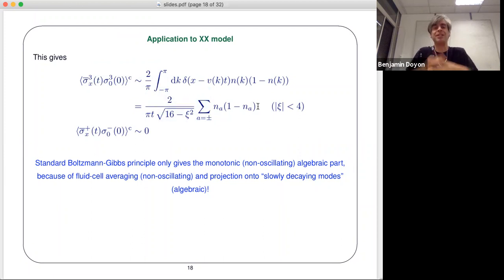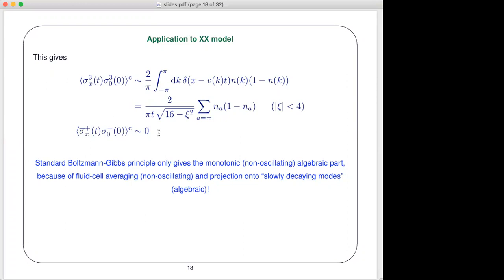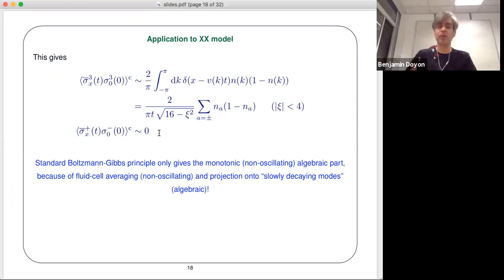So essentially, this hydrodynamic formula is a more involved, more general way of doing saddle point analysis, valid for any interacting model as long as you know the right quantities. But importantly, for sigma plus and sigma minus, we get 0 from this general Boltzmann-Gibbs principle. So we need a new principle, and this new principle has to do with the twist field, which is the thing I'm going to come to.